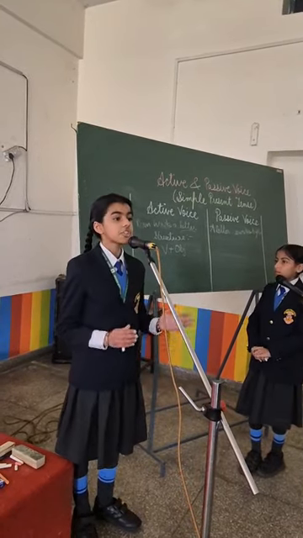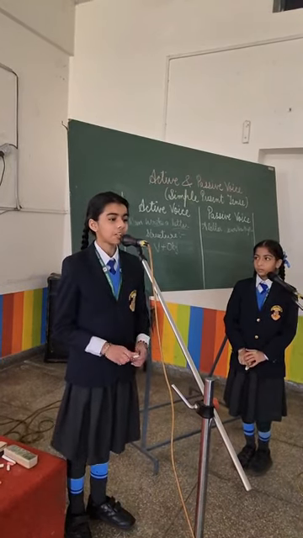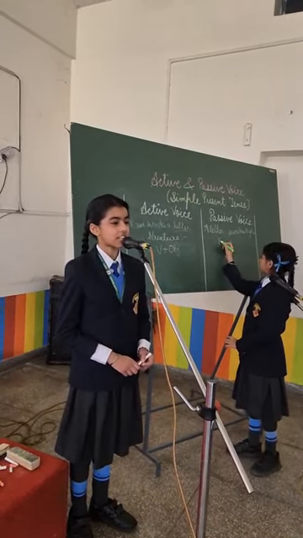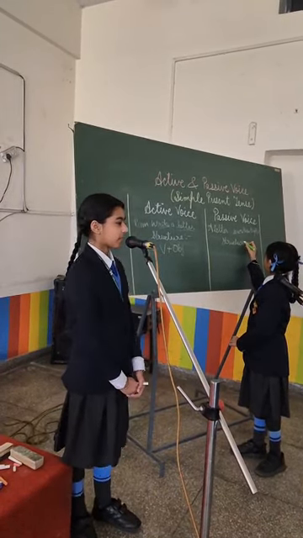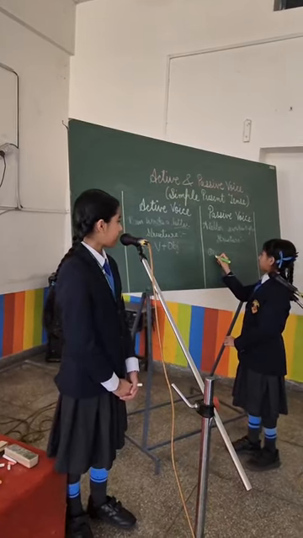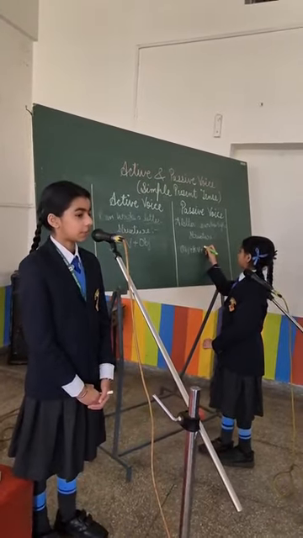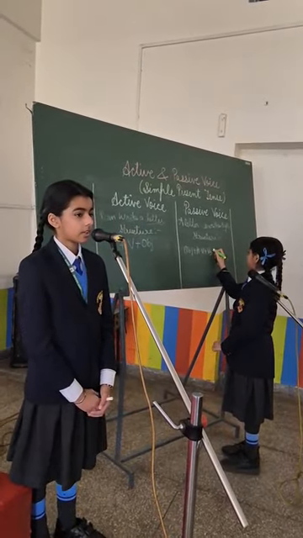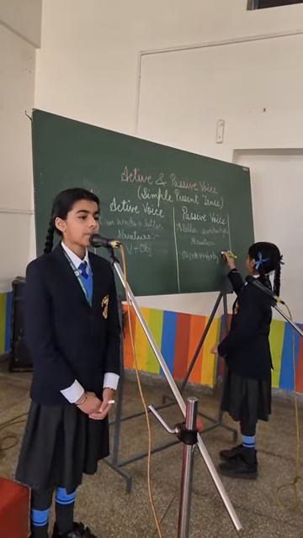Here, the action is more important than the doer. So, the structure of passive voice is object plus helping verb plus third form of verb plus by plus subject.